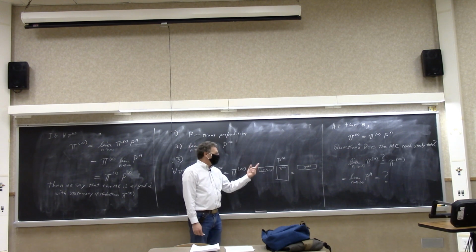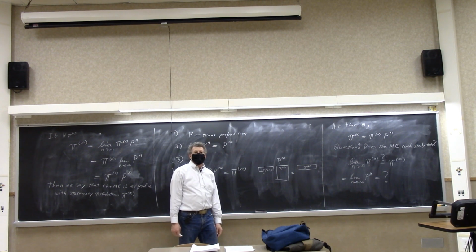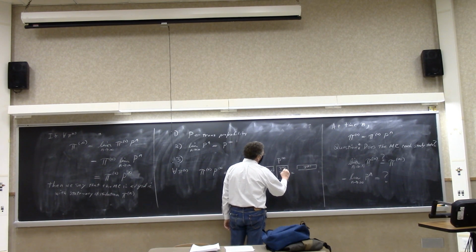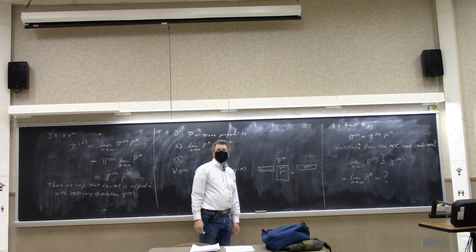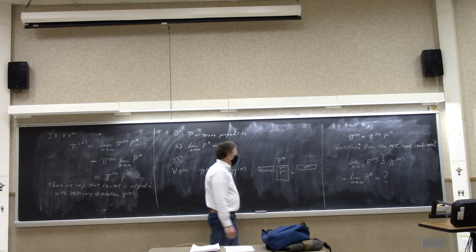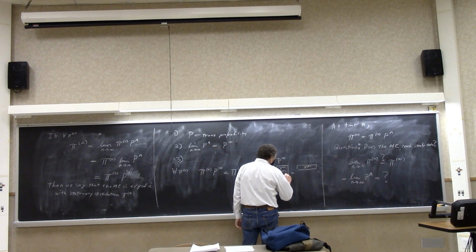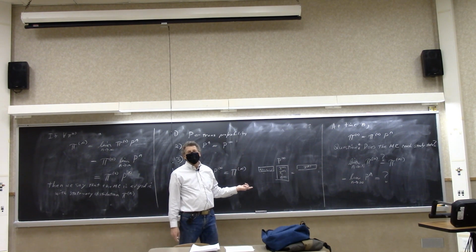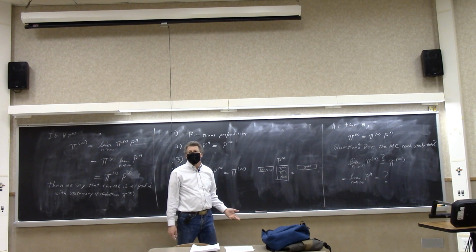Now, what about the second row? I could put the 1 in the second position, and then the second row has to be pi infinity too. All the rows are pi infinity. So if this P infinity exists, every row is the same.